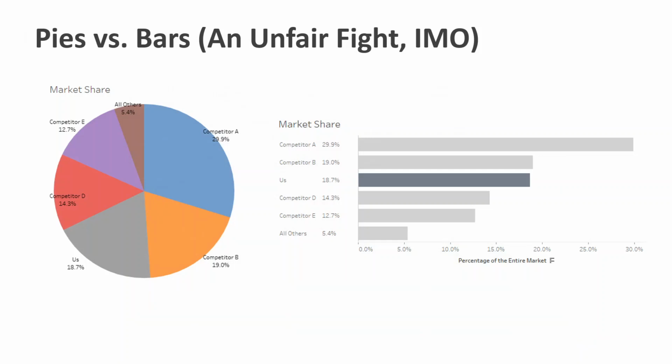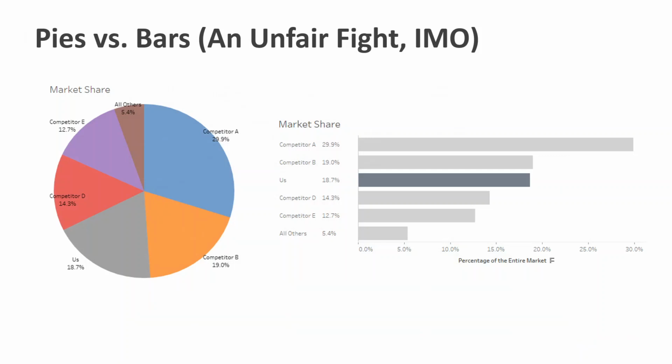We talked before about bar charts. They are our friends in most cases and the best way to quickly see differences. In this pie chart, if we didn't have the labels, it would be hard to tell whether we are beating or losing to competitor B. You might be able to compare pie slice sizes if they're next to each other, but it will be harder if they're not close by.